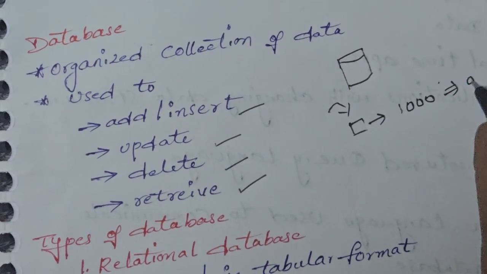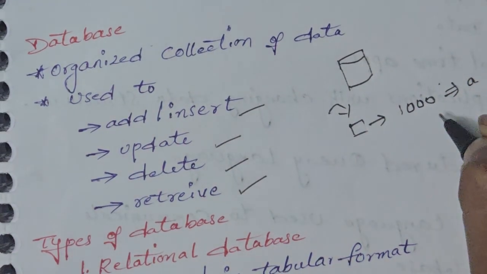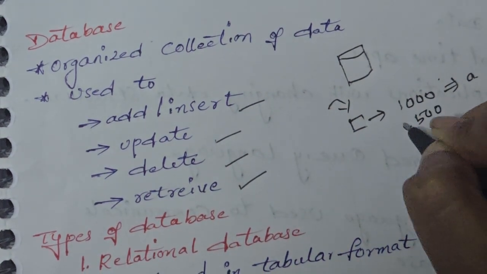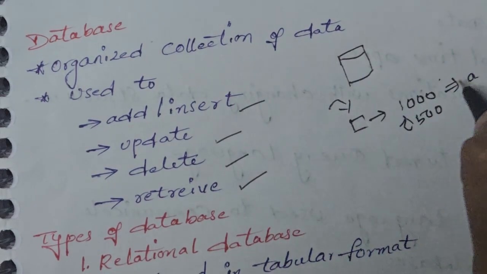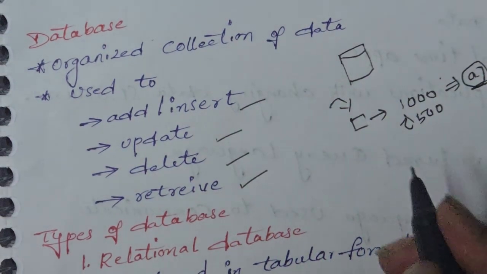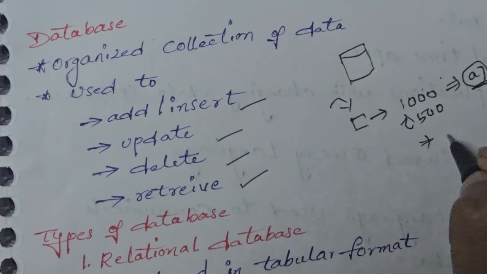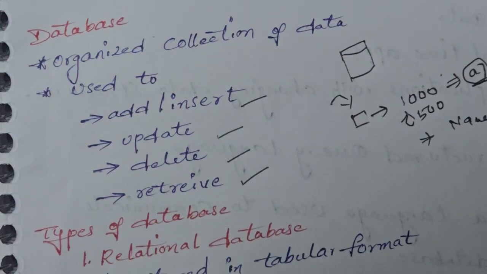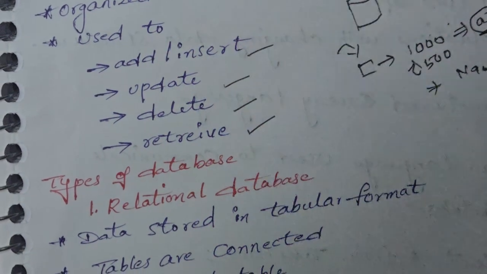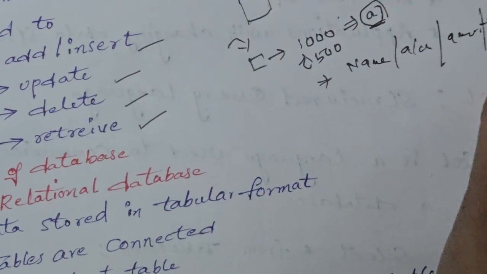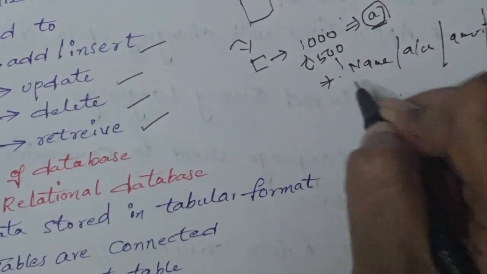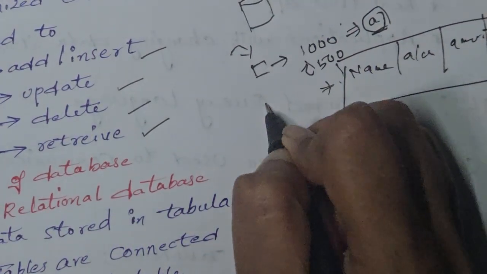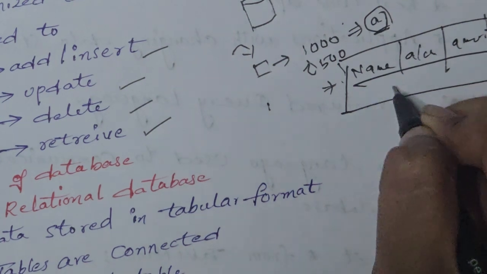Let's say your name is A and you are crediting 500 to this particular account related to person A. So this transaction is associated with some data like name, account number, amount and transaction type. If you are doing one transaction, you are generating this much data.